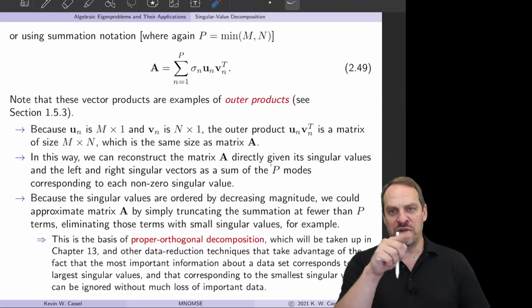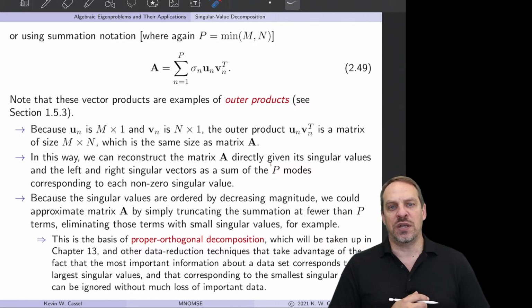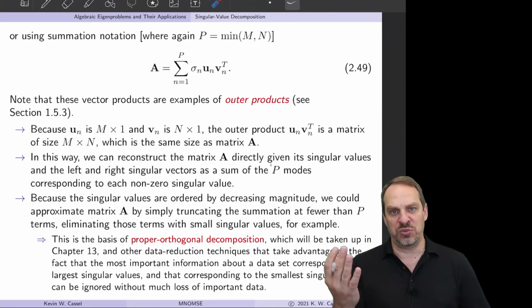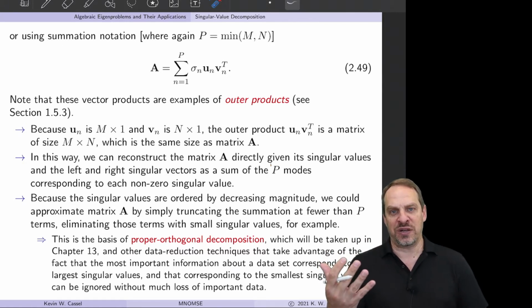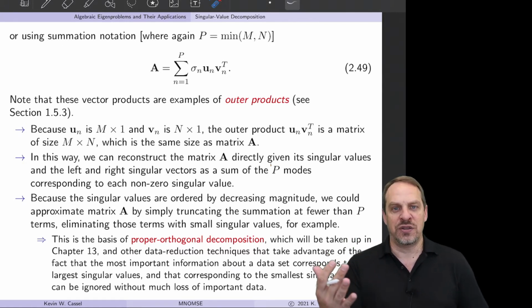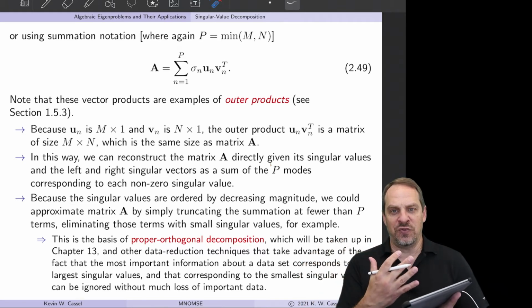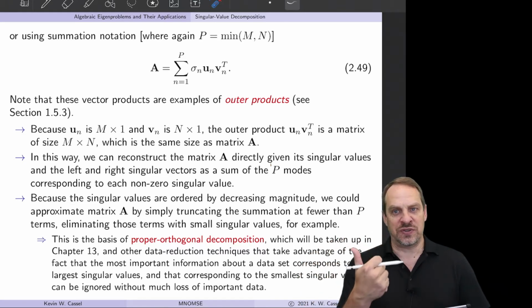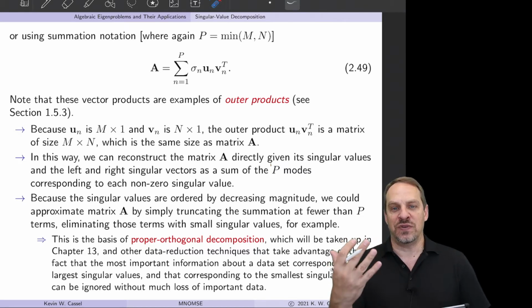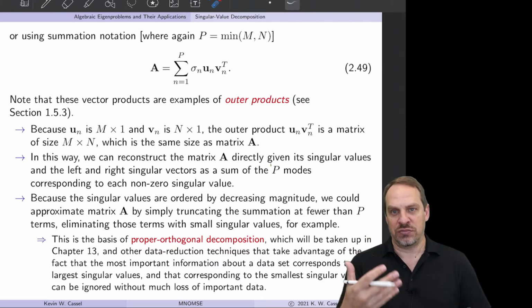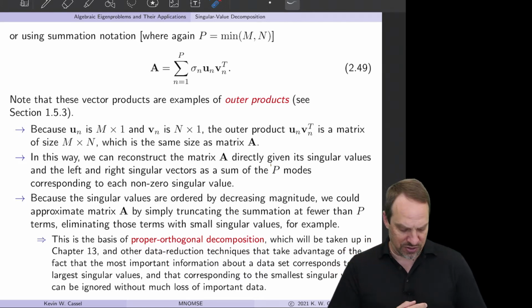Well, we could get rid of those terms in the vector sum that correspond to those small singular values, reconstruct the A with any number of the terms we want, presumably the ones with the larger singular values, and we can reconstruct an approximation of the full data set A. In that sense, we're reducing the information required, because we only need the sigmas, the u's, and the v's for the terms that we keep, that give us a reconstruction of A that is reasonable or accurate in some sense.